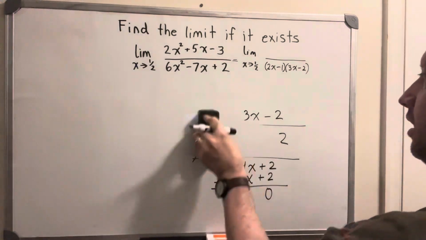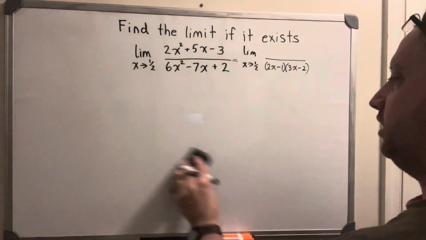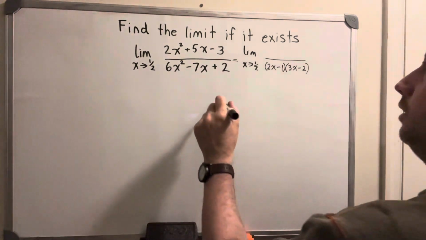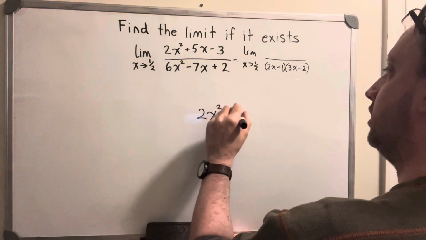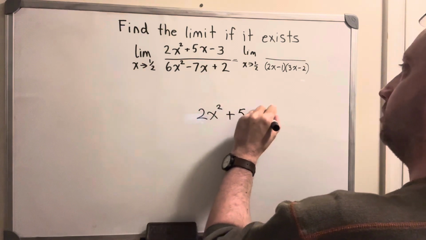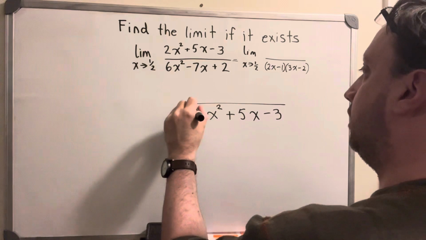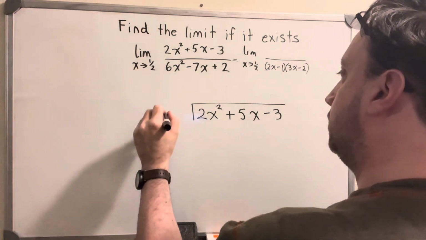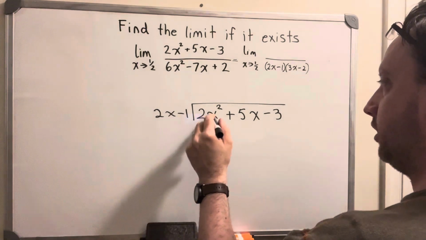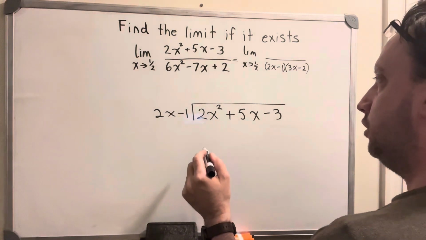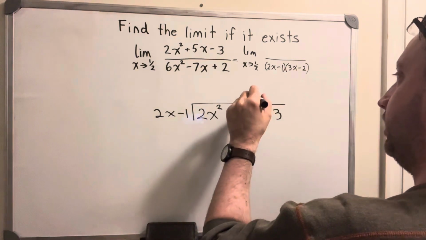Now, if we divide 2x squared plus 5x minus 3 by 2x minus 1, 2x times what equals 2x squared? x.